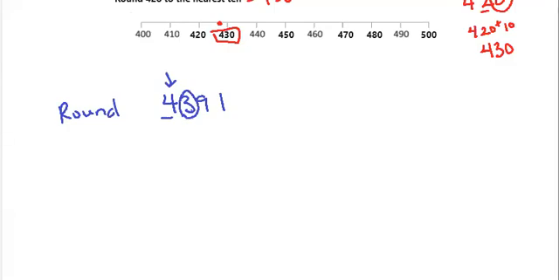The 3 is not bigger than 5, so it does not add 1 to the number that's underlined. So we're going to keep the 4 the same, and then the circled number and all the rest of them become zeros. So one non-zero digit is the 4, and the rest are zeros. So 4,391 rounds to 4,000.